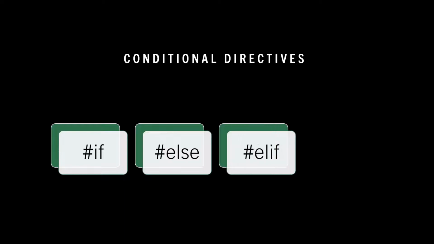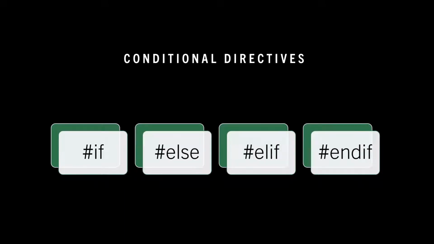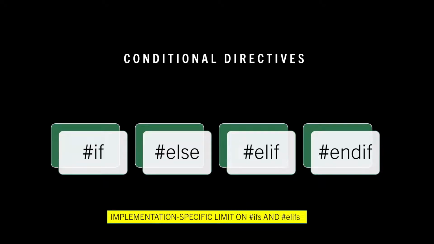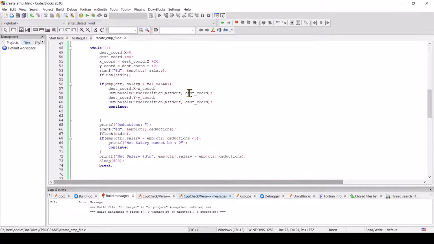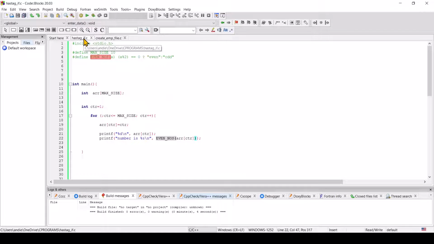Conditional directives: we have hashtag if, hashtag else, hashtag elif, which is else if, and hashtag endif. Important to remember, there's an implementation specific limit on the nestings that we can have with these ifs and elifs. So let's now take a look at how we can use these. I'm going to go back to that first program.